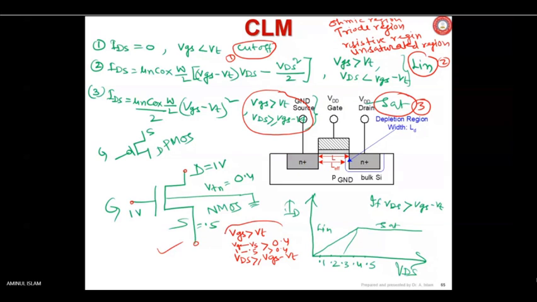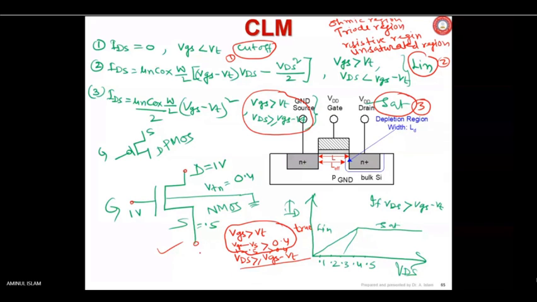This is VGS greater than VT. That is true, firstly. So it is on. It is not cut off. If this is not true and it is less than VT, then it was cut off. So once it is on, now we have to check whether this condition is satisfied or not.